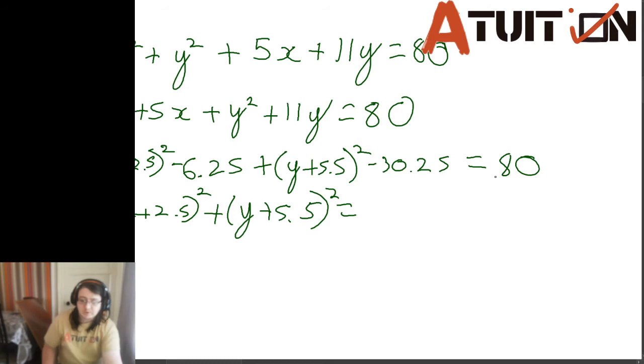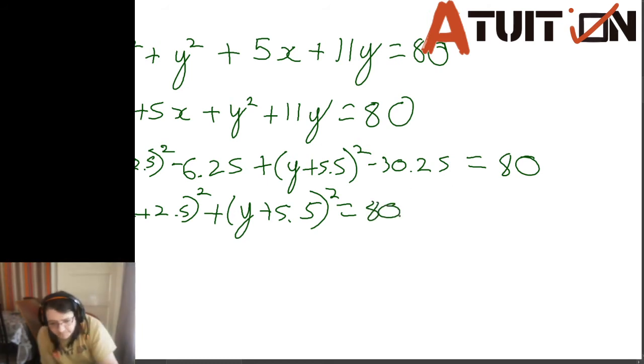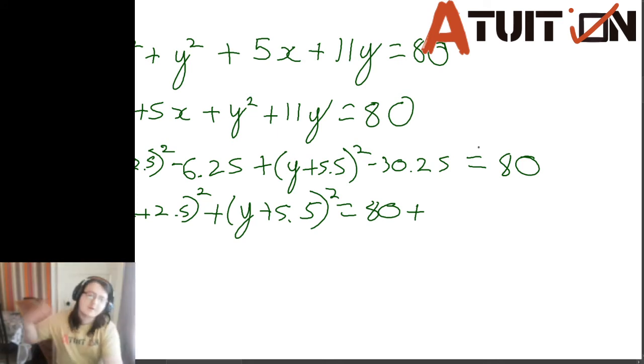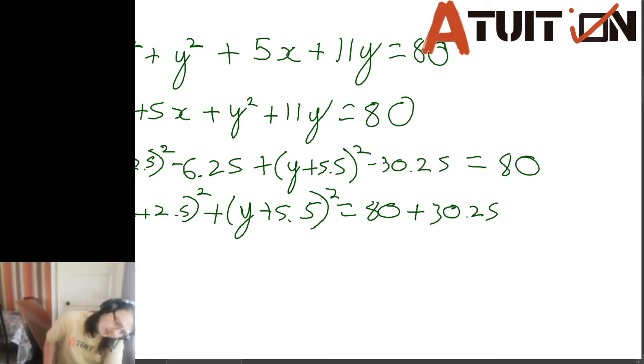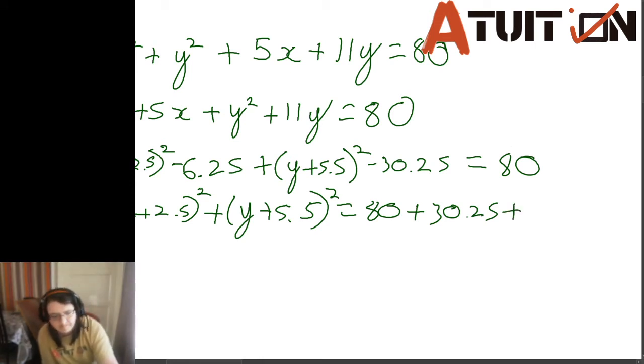So that will equal 80 plus 30.25, because minus 30.25 plus 30.25 gets rid of it. We want rid of it on the left, so we add it on, plus 6.25 because we want rid of that one as well.